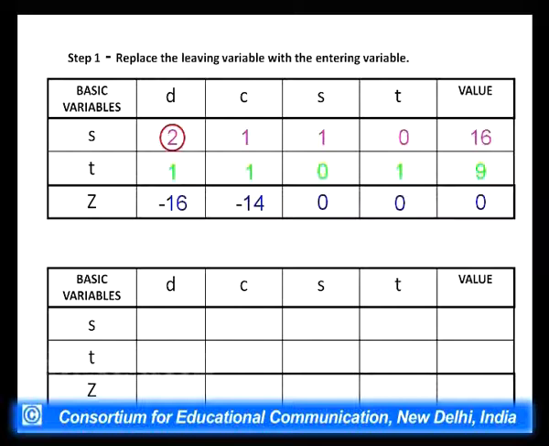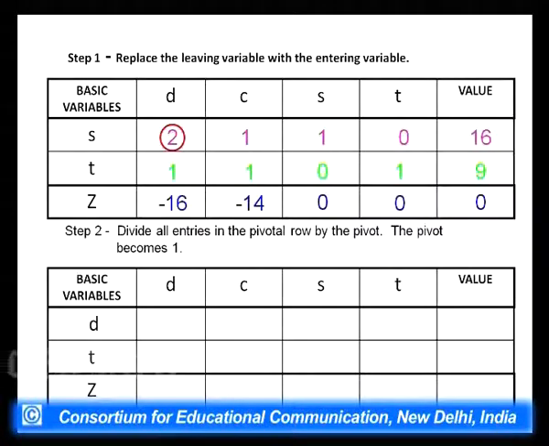Replace the leaving variable with the entering variable. Just look at the demonstration. So D has been put instead of S, and then divide all entries in the pivotal row by the pivot, as I told. So what will be the values now? 2 is divided by 2 and it becomes 1, 1 is divided by 2, it becomes 1 by 2, again 1 is divided by 2, it becomes 1 by 2, 0 is divided by 2, it becomes 0, 16 is divided by 2, it becomes 8.